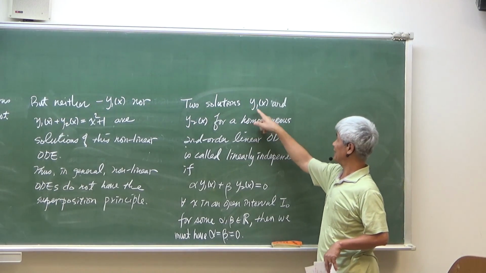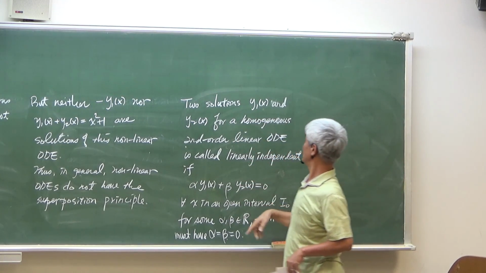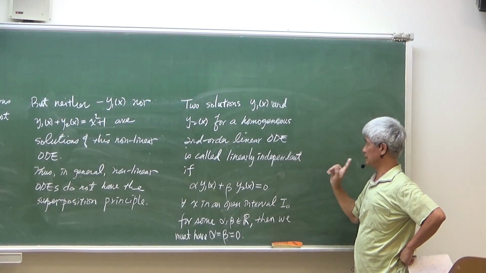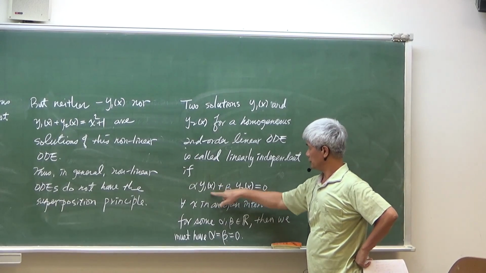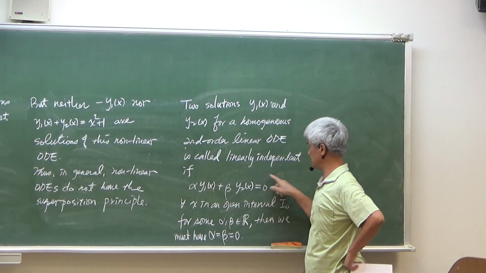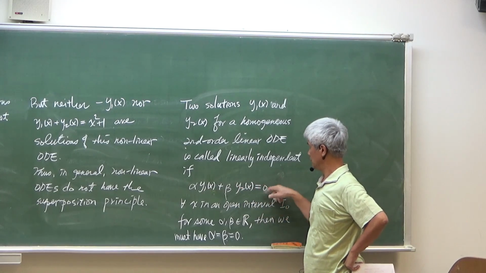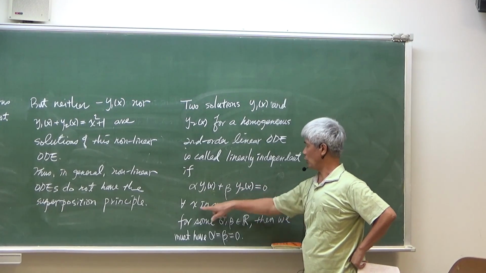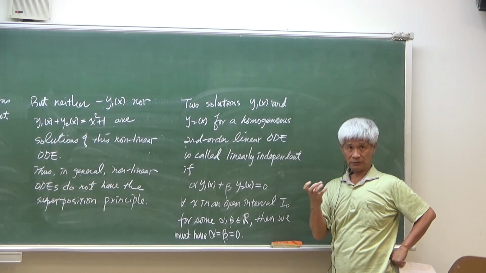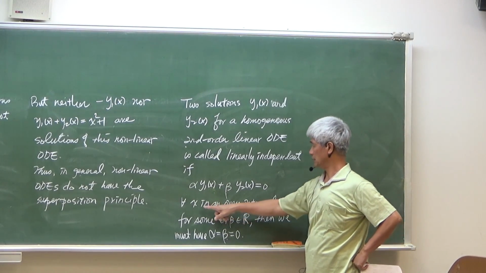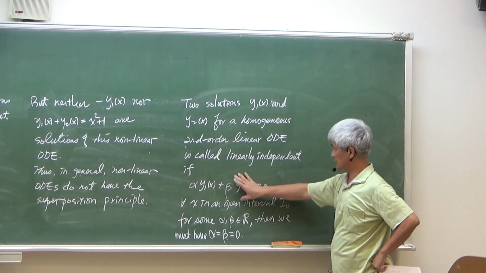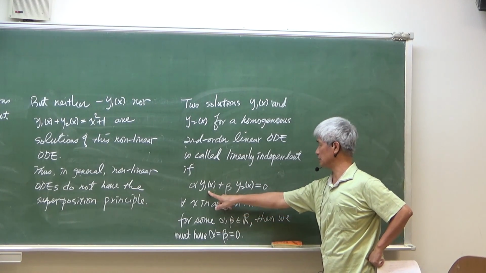Okay. So we say two solutions, y1 and y2, for a homogeneous second order linear ODE, are linearly independent if, when we form a superposition alpha y1 plus beta y2 such that it is equal to 0 for all x in an open interval, which means it is identical to 0, so it's a zero function, then we must have alpha equals 0 and beta equals 0.